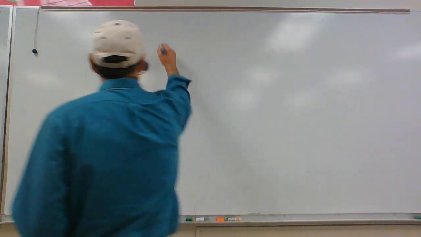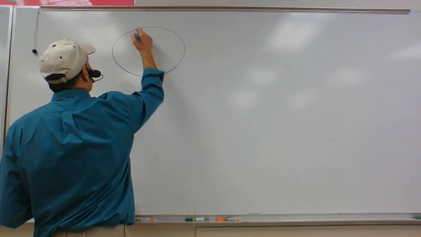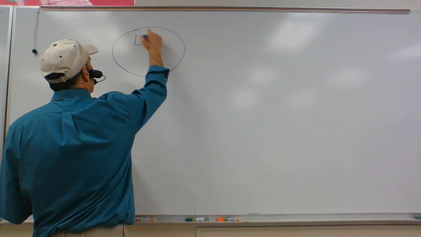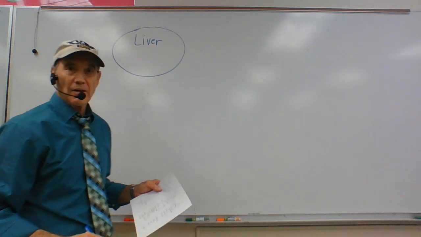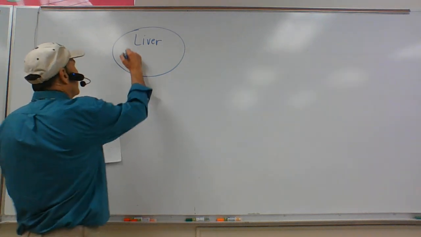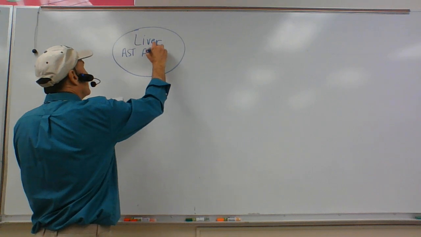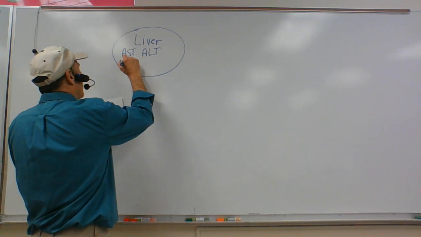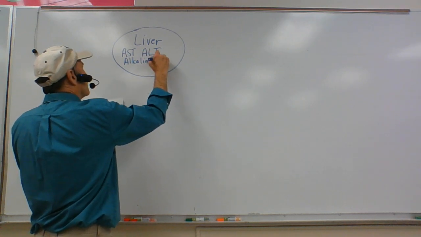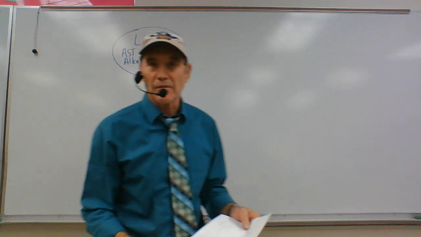Let's say the liver cells, hepatocytes. They've got enzymes in them: AST, the ALT enzyme, among others, alkaline phosphatase. Those enzymes are in liver cells.